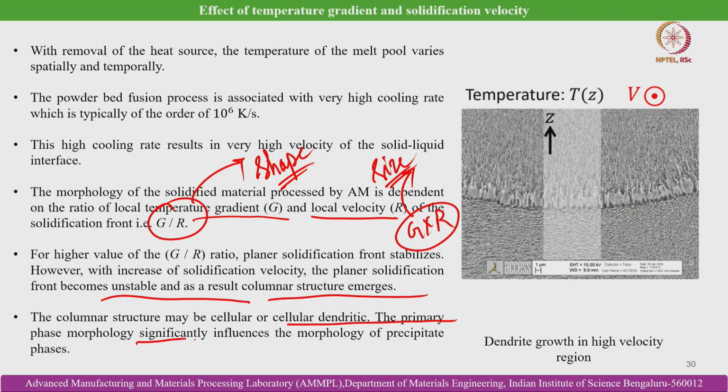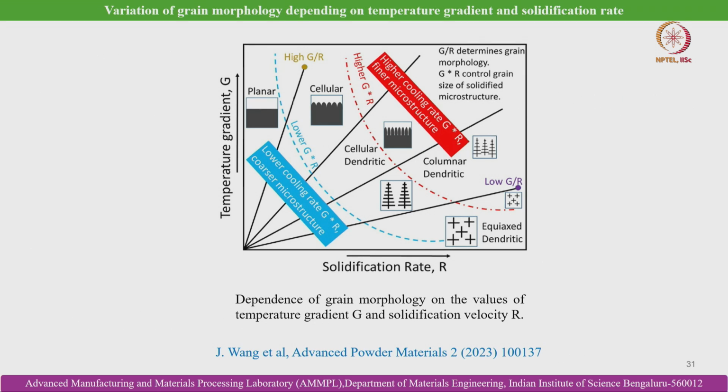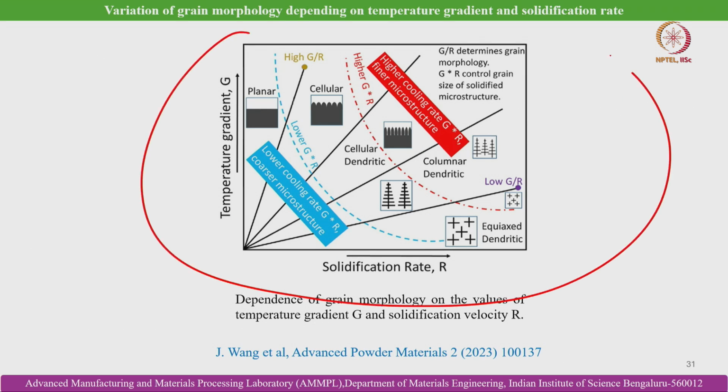The primary phase morphology significantly influences the morphology of precipitate phases. So, this is the typical dependence of shape and size of the solidification microstructure in additive manufacturing.